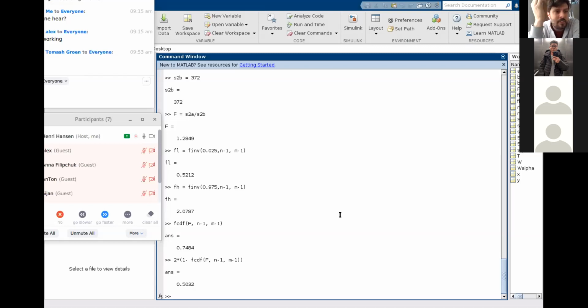So it's about a 50-50 chance of getting a value that is either this big or this small. If this was a one-tailed test, we would have this p-value at 1 minus that, and it would be 25%, but the p-value is still very large. So we conclude that these courses do not differ, at least not significantly.